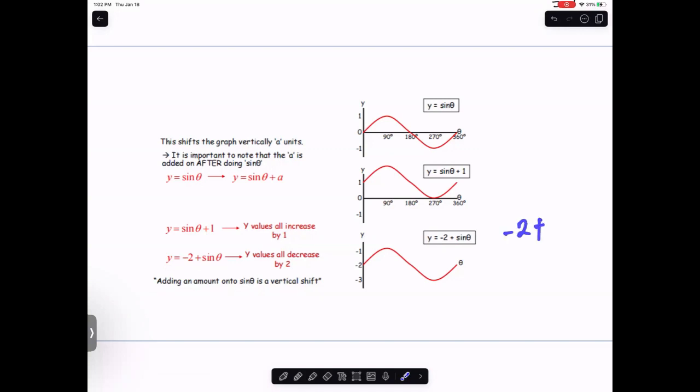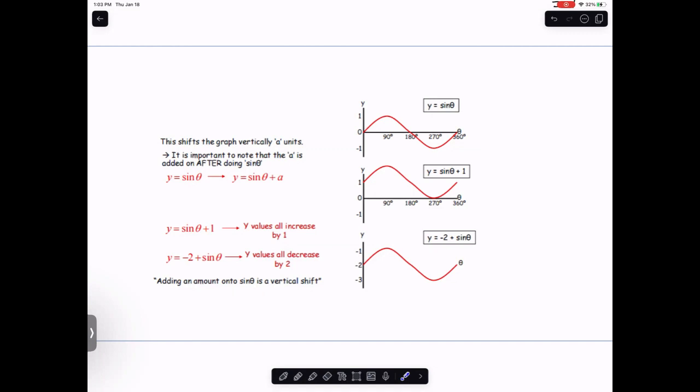Then when y equals negative 2 plus sine theta, for example, we are saying negative 2 plus sine 90, that's negative 2 plus 1, which will give us negative 1. So on sine 90, your graph comes here. We have the negative 1 instead of our positive 1. So take note of this part of transformation.